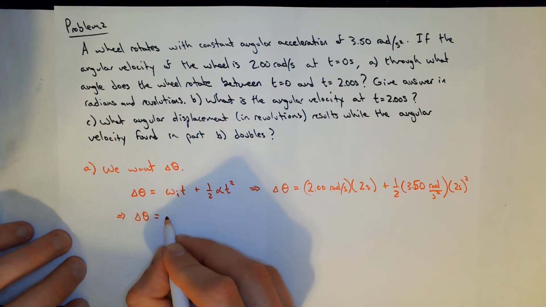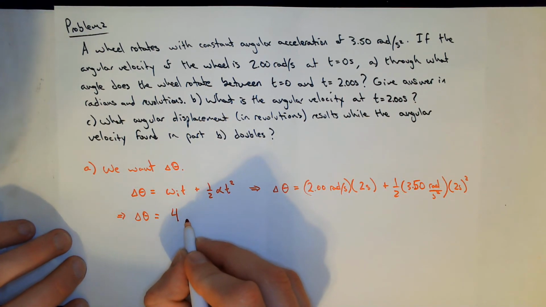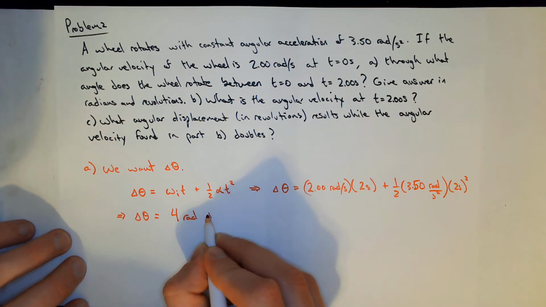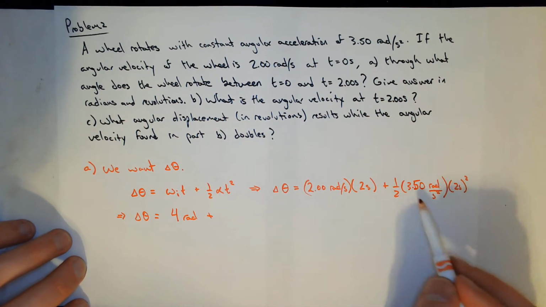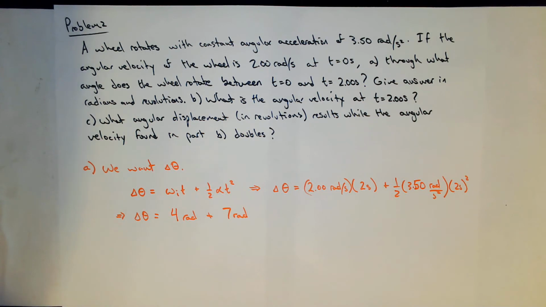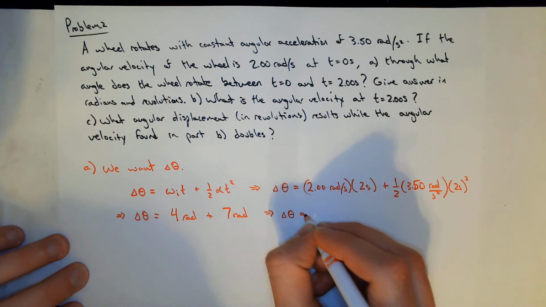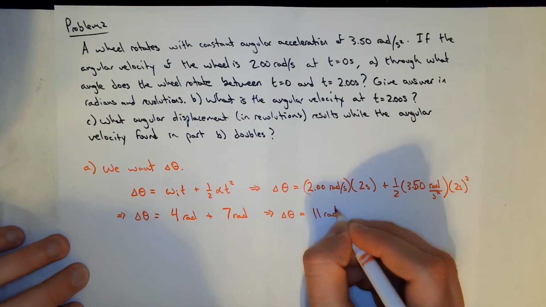That's 4 radians plus 2 times 7 radians, so delta theta is equal to 11 radians.